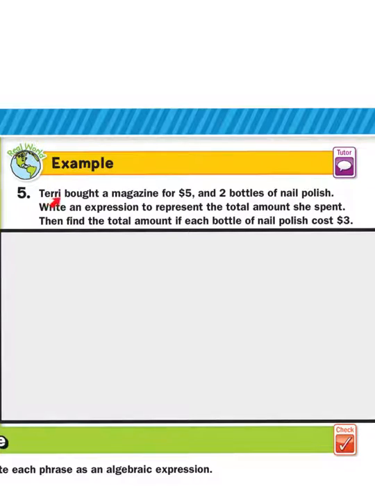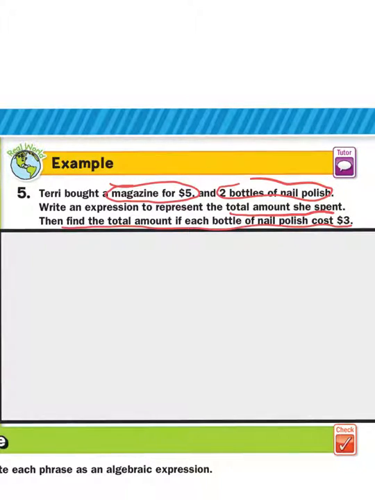All right, in this example, it says Terry bought a magazine for $5 and 2 bottles of nail polish. So I'm going to start circling some of that. So a magazine for $5 and 2 bottles of nail polish. Write an expression to represent the total amount she spent. Then find the total amount if each bottle of nail polish costs $3.